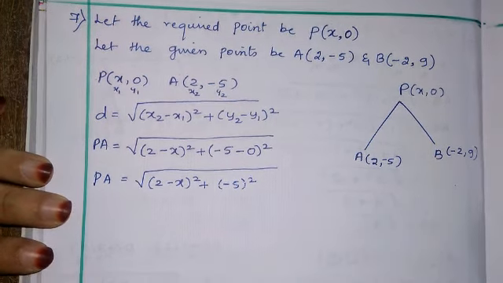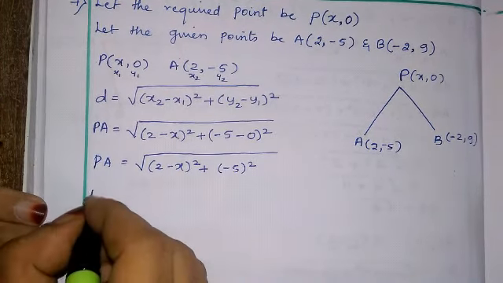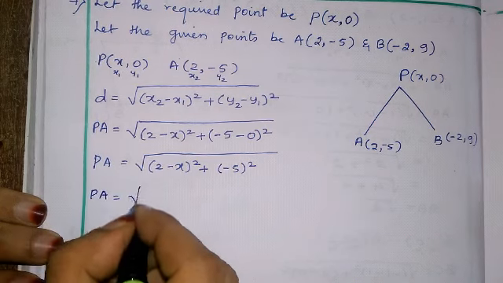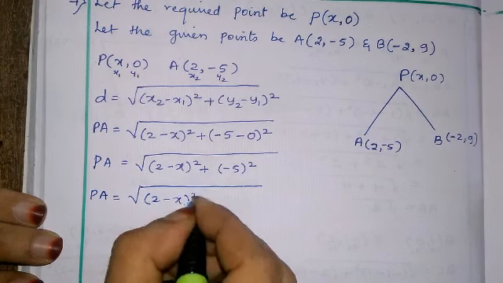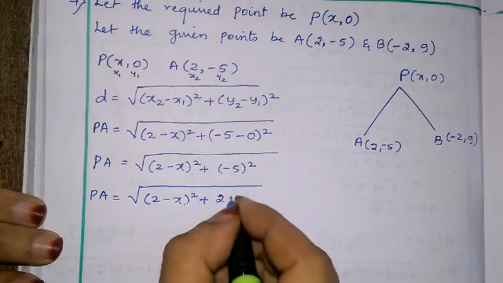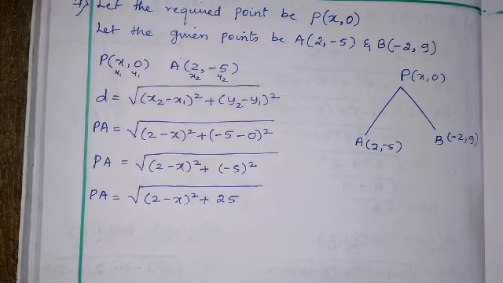That is nothing but PA is equal to root of (2 minus x) whole square plus 25. This is about PA.